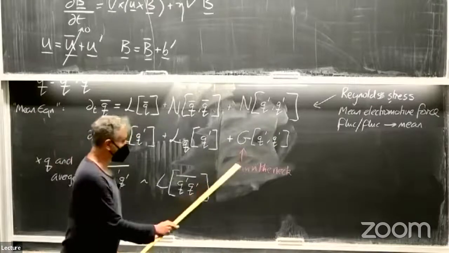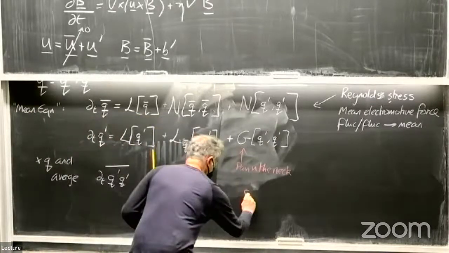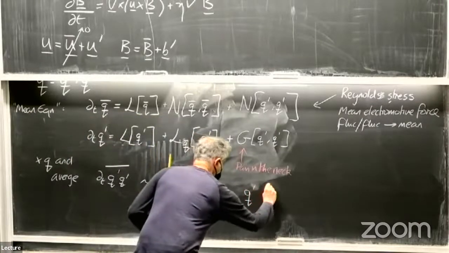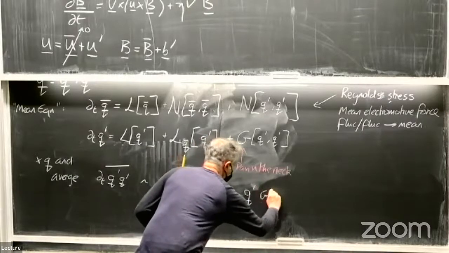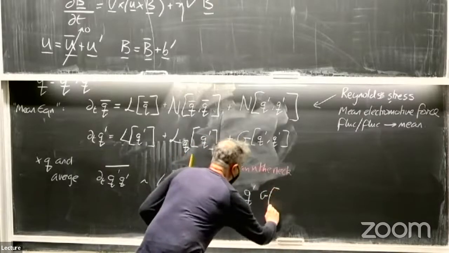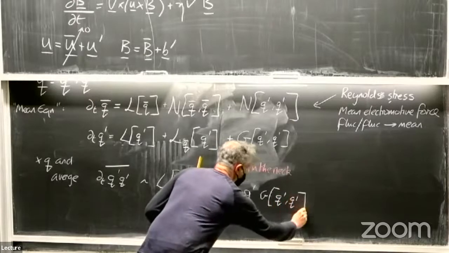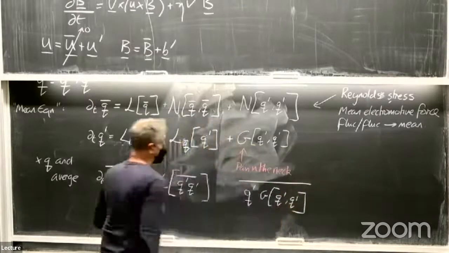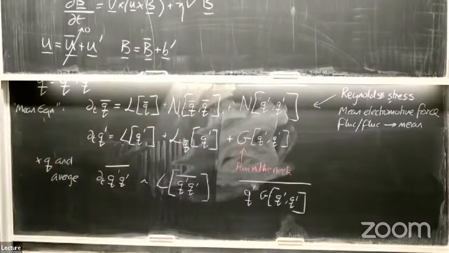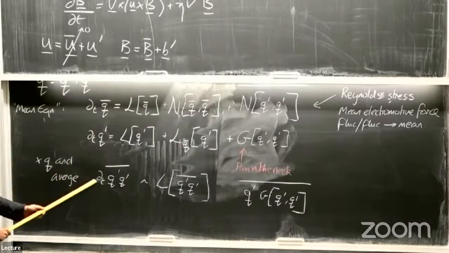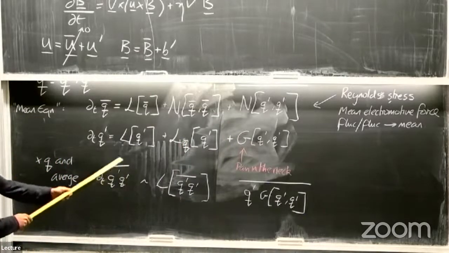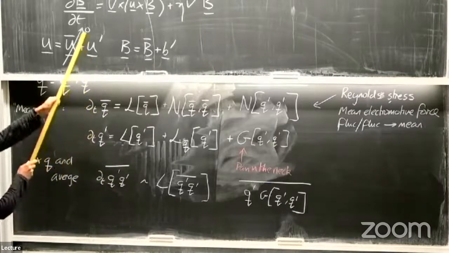Then this pain in the neck term, well, I'm just going to get Q prime somehow multiplied schematically by G, Q prime bar. So imagine this is what I'm trying to find. This would be my E or my R, whatever I want to call it.